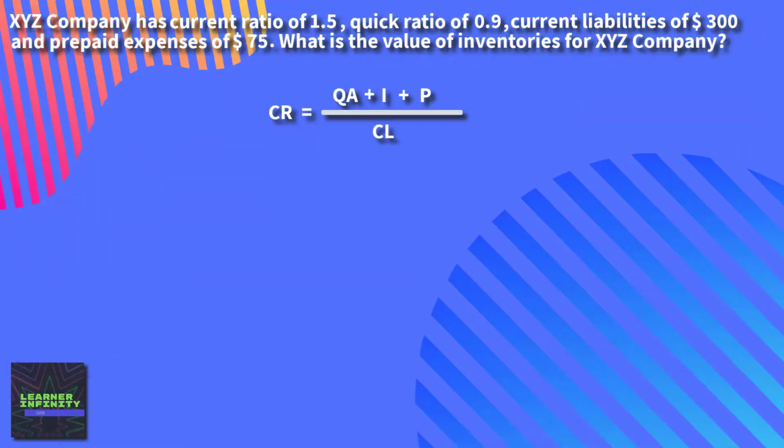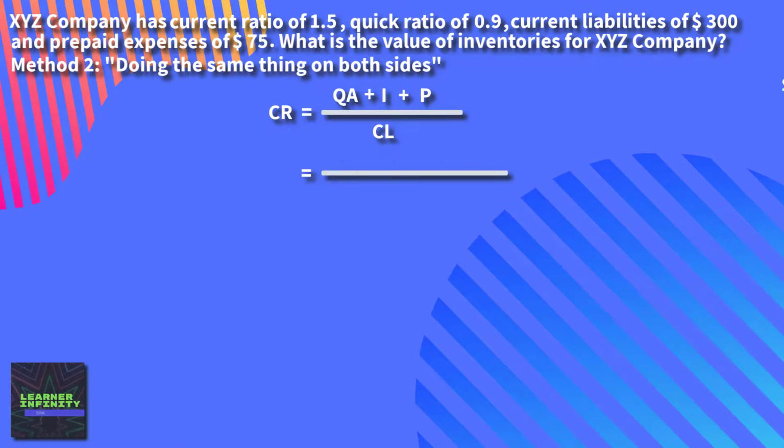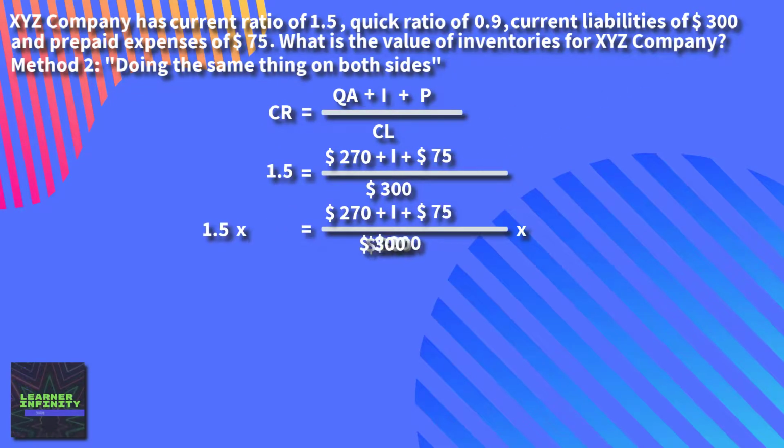Let's apply the second method. Do the same thing on both sides. We will use the same formula we recently created. Put the known numbers of quick assets, prepaid expenses, current liabilities, and current ratio. Multiply both sides by the denominator $300. This eliminates the $300 on the right side. Multiplying 1.5 by $300 will result to $450 on the left side.